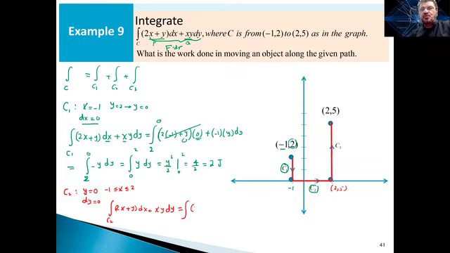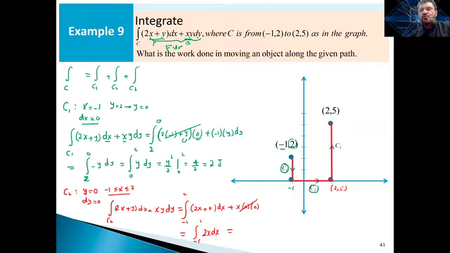So this is 2x, x no change, plus y is 0, then dx, plus x, no change. Y is 0 and dy is also 0, so all of this goes away. I'm left with the x. Look at x. X is from -1 to 2. So what am I left with? This is the integration from -1 to 2 of 2x dx.